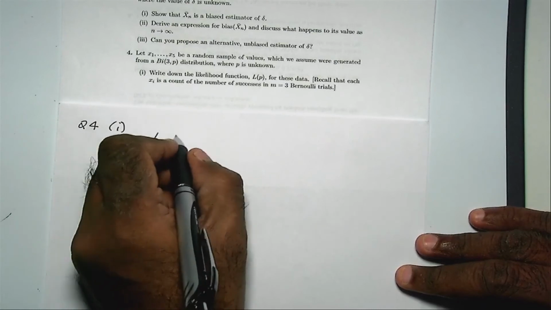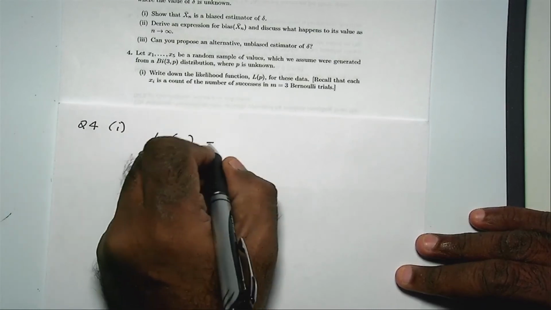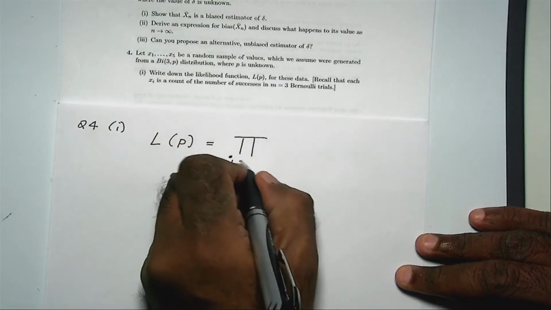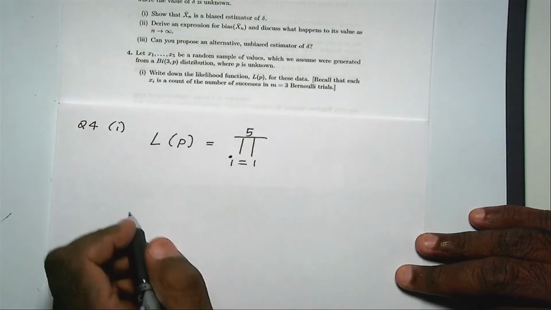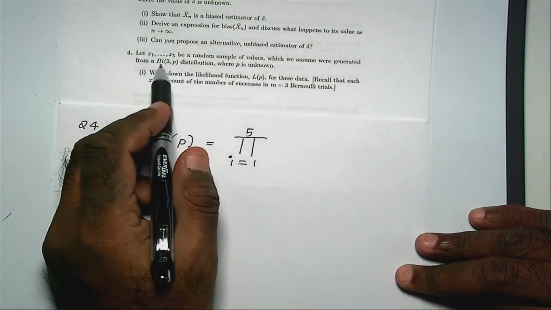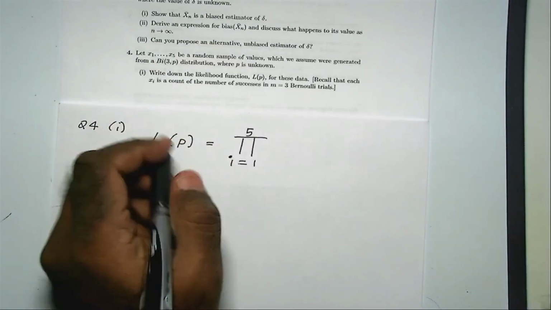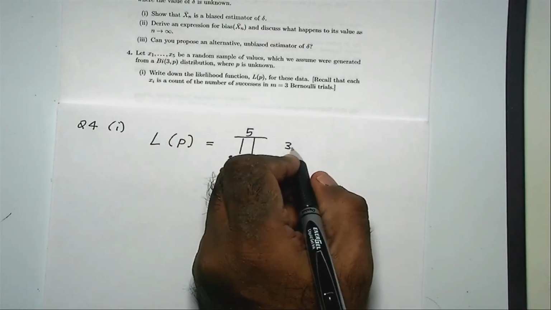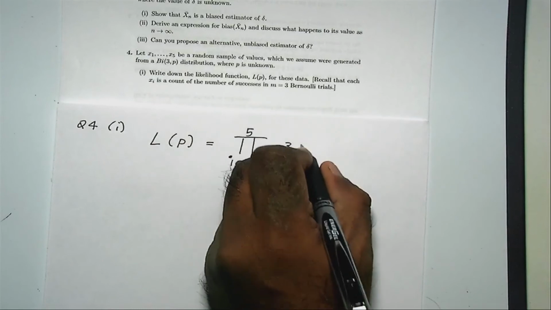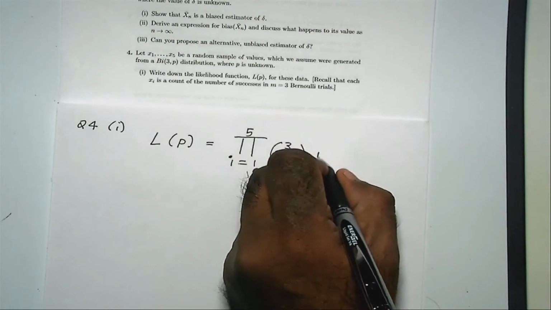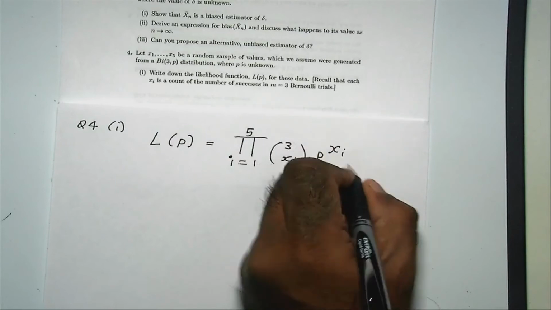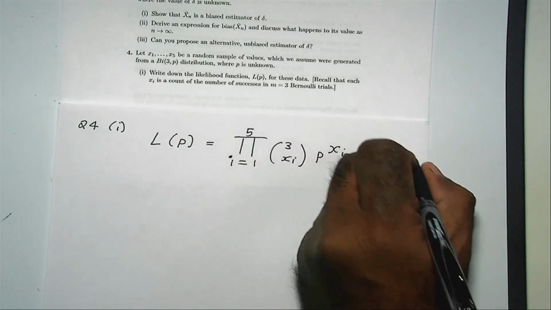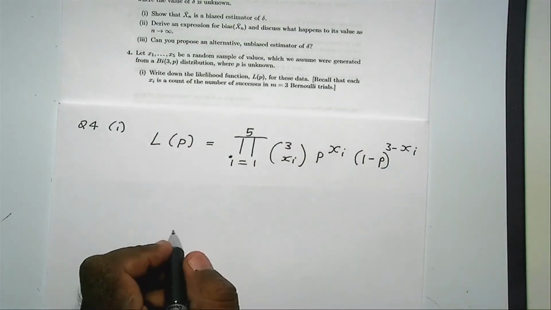So the likelihood of p is the product from 1 to 5, because you have 5 data points, of the PMF of the binomial, which I'm sure you guys know is 3 choose xi, p to the power xi, 1 minus p to the power 3 minus xi. Alright, this is what you get.